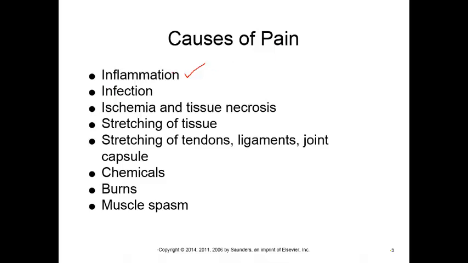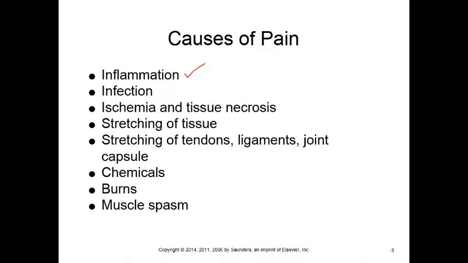And inflammation usually has some kind of cellular damage where there are chemicals released, and those chemicals will cause the pain receptors to be more susceptible to being stimulated. And they get stimulated maybe from the pressure or from the chemicals, and that's going to cause that area to be a little bit tender and in pain.